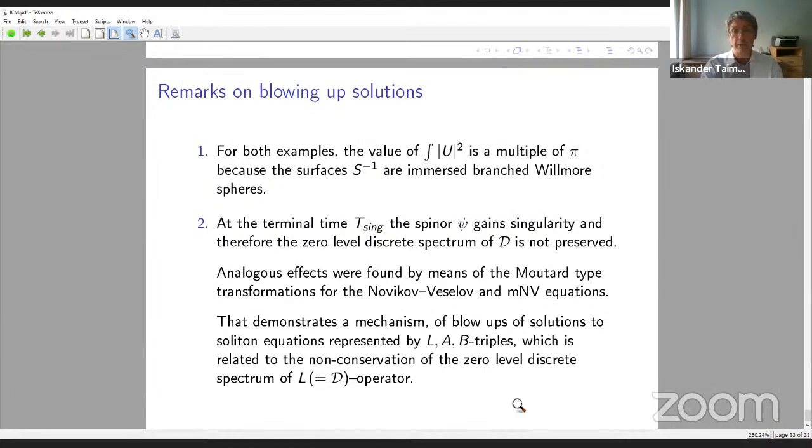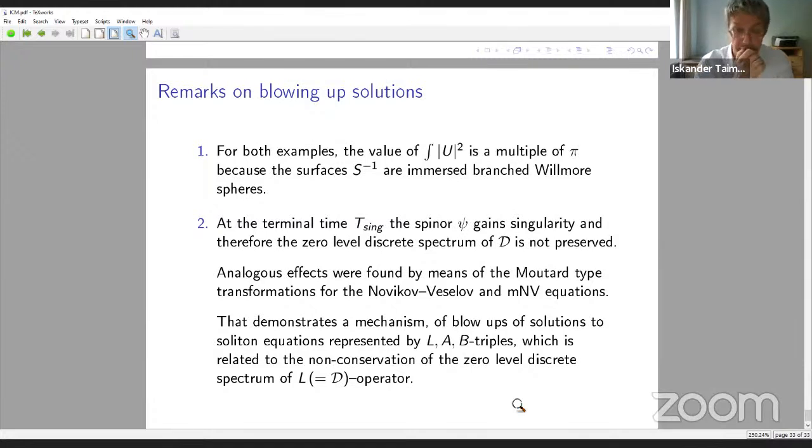Analogous effects were found by means of Moutard-type transformations for the Novikov-Veselov or modified Novikov-Veselov equations. And that demonstrates a mechanism of blow-ups of solutions to soliton equations represented by L-A-B triples, which is related to the non-conservation of the zero-level discrete spectrum of the L operator.